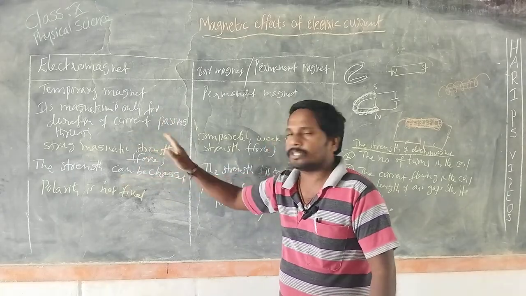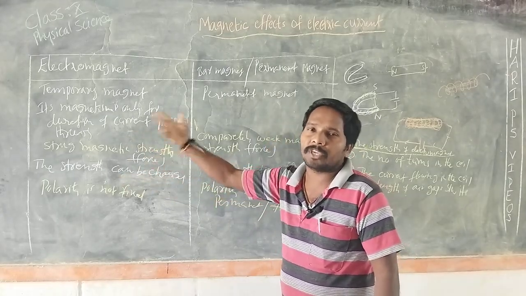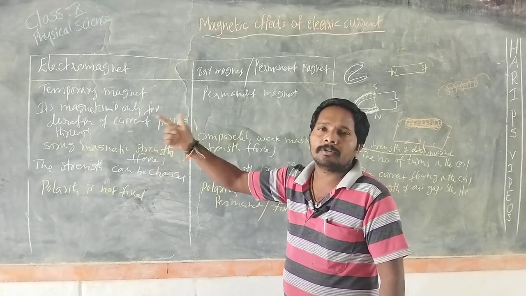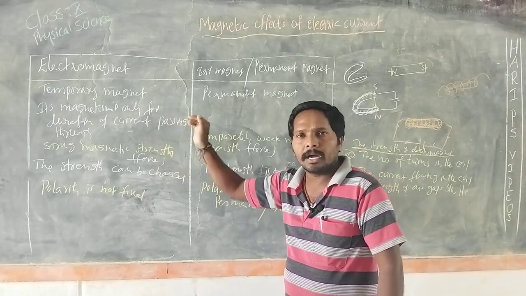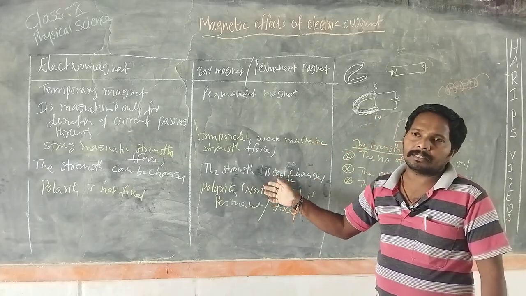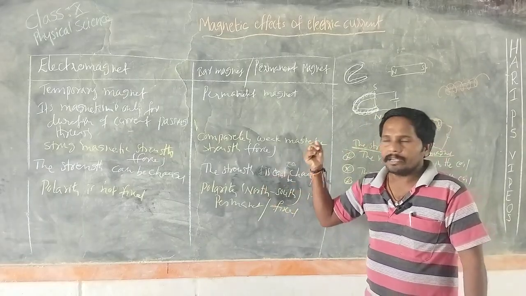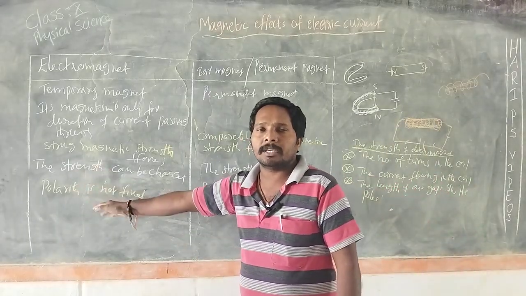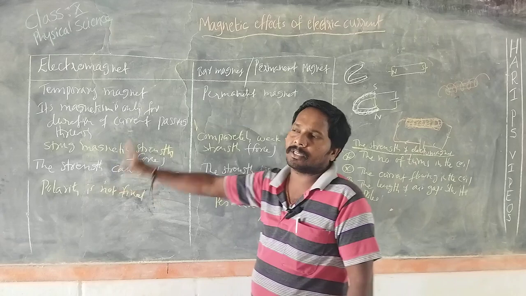In an electromagnet, the strength can be changed by changing the number of turns in the coil and the amount of current flowing in the coil. Once a bar magnet has some strength, it cannot be changed. It is fixed. Polarity, north pole and south pole, can be changed by changing the direction of electric current.